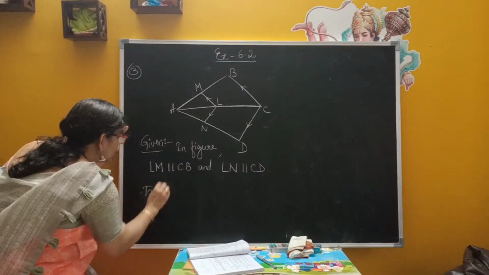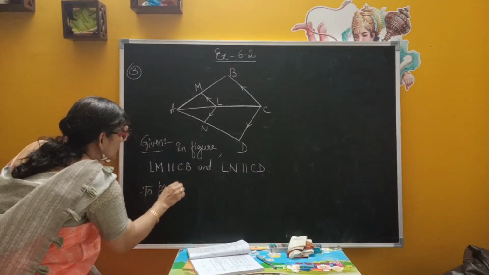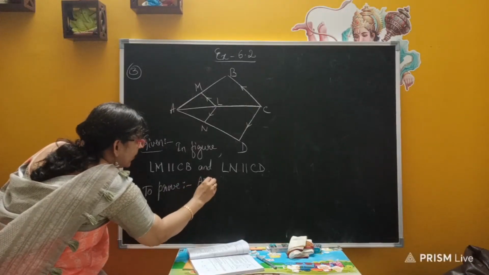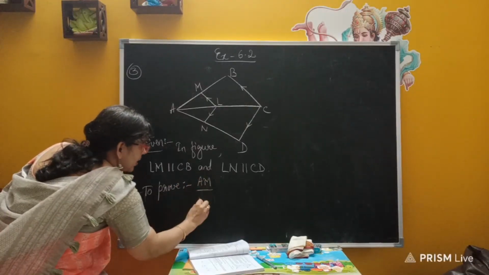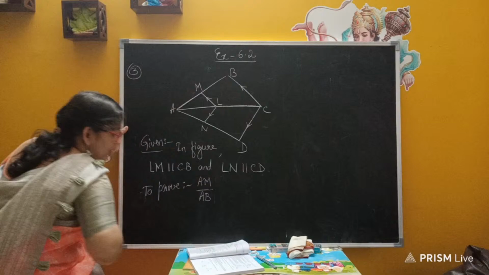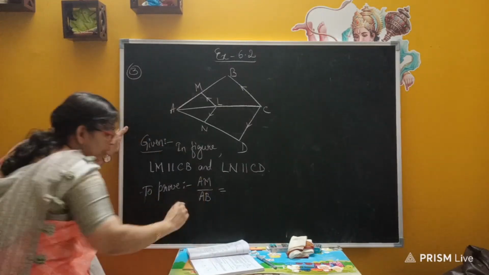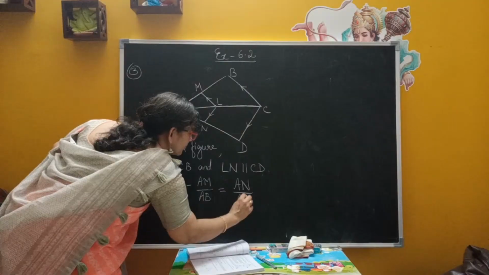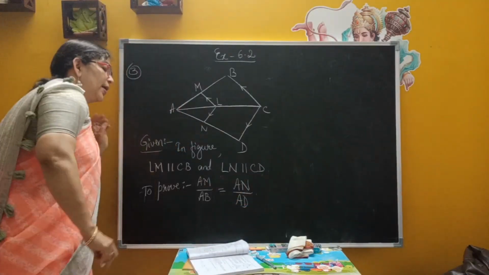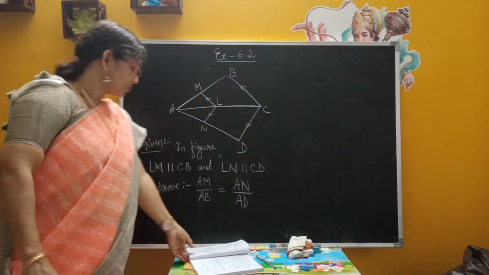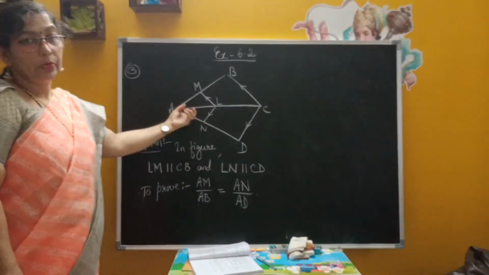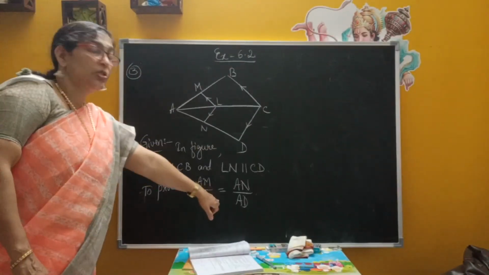We need to prove AM by AB is equal to AN by AD. These are from the figure, what is given and what is to be proved.